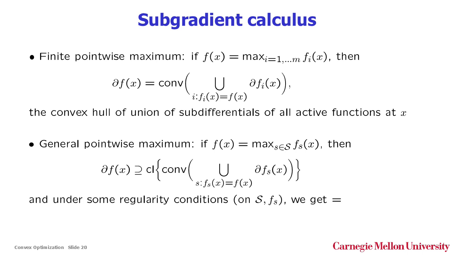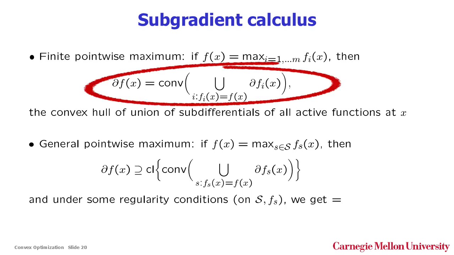This can be generalized to calculate the subdifferential of the maximum of finitely many convex functions f1, f2, and so on, fm. Let f of x denote this maximum function. At the location x, let's collect all the active functions, that is, those functions that achieve this maximum value f of x.